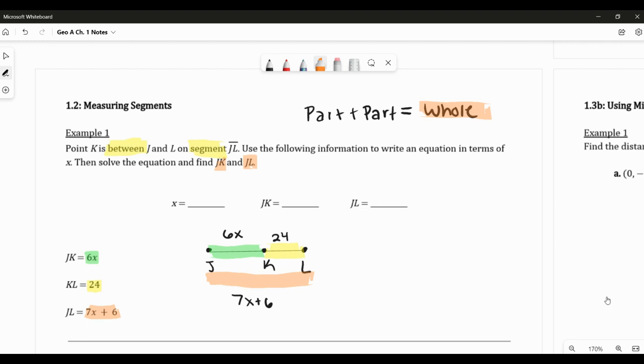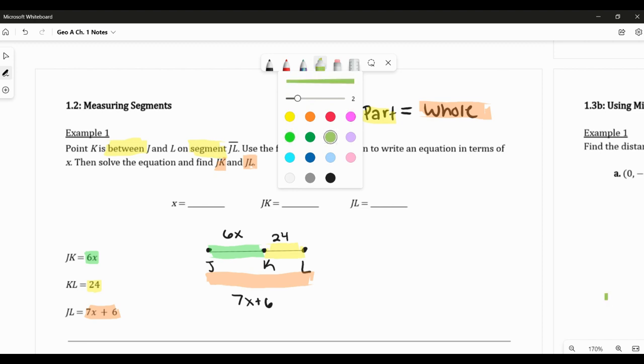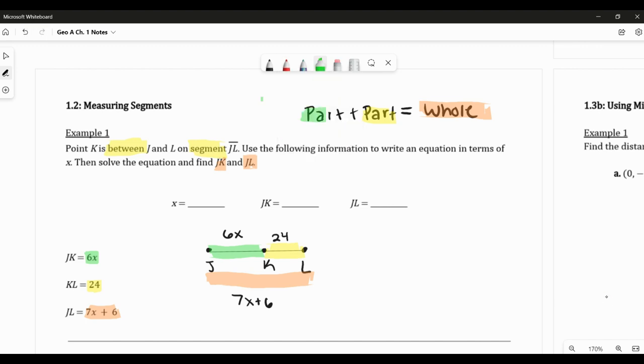Okay, so if I color code these, if I add up my 2 parts that are given, they must always add up to give me the length of the whole thing. So let's write an equation. Using that rule, 6x plus 24 must be equal to 7x plus 6, because those are my 2 parts, and they must add up to the whole thing.